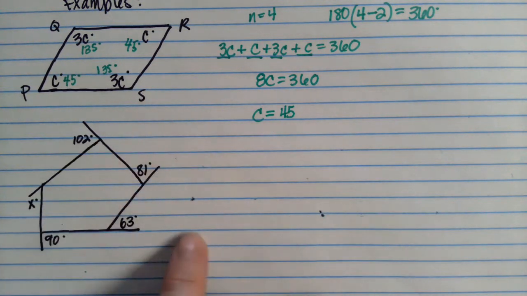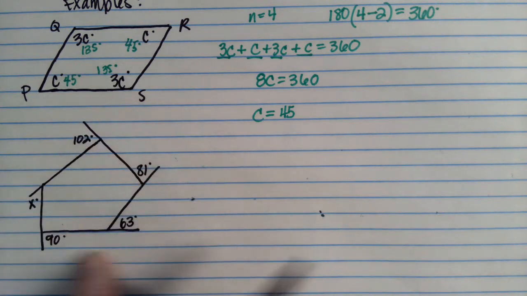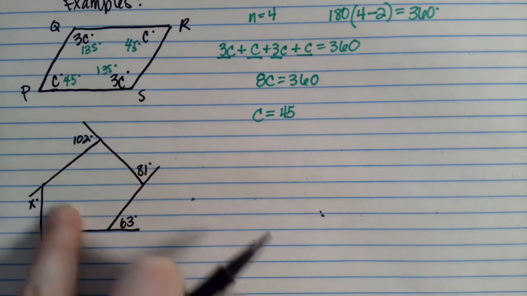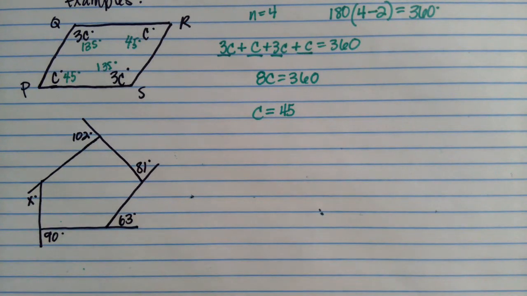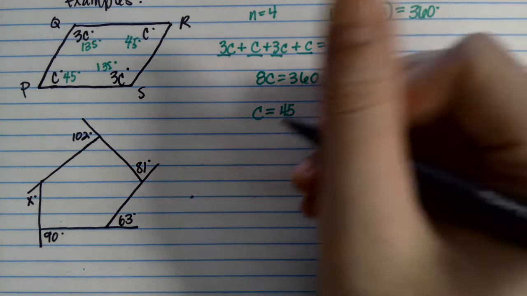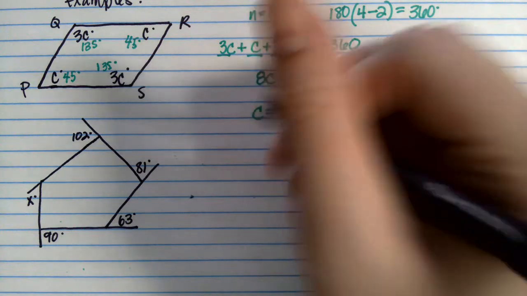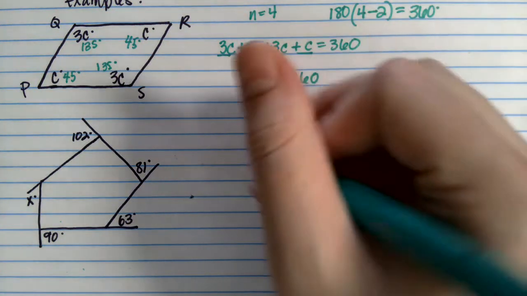In this one, we have this picture where you have the exterior angles, so they're on the outside, not the inside. If we want to find x, we want to use the exterior angle theorem since they're on the outside. My exterior angles are always going to add up to 360 no matter what.